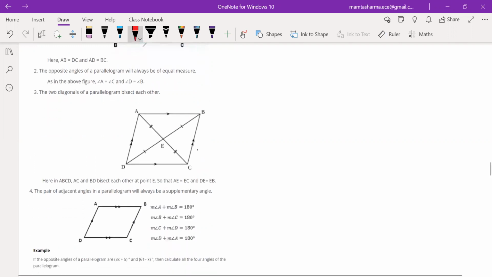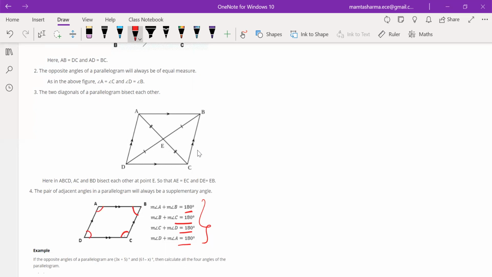Now we will see what is the property of angles. The adjacent angles: A and B are adjacent angles, and the sum of adjacent angles will be 180. Here B and C, these two adjacent angles sum will be 180. C and D, these two adjacent angles will be 180 always.